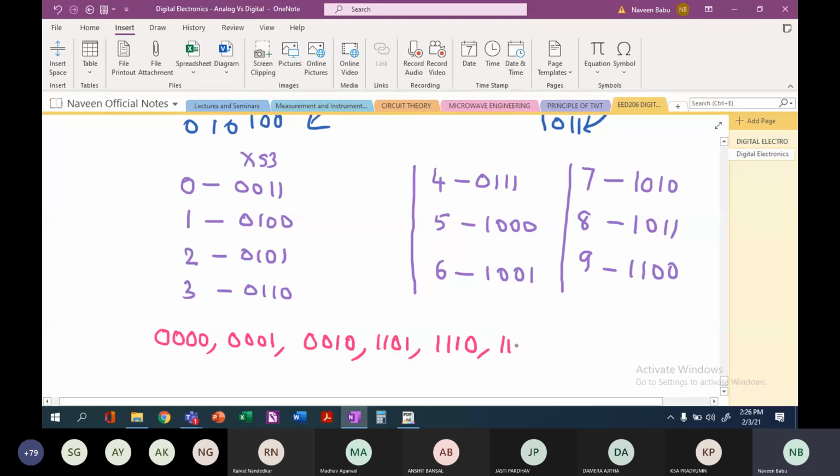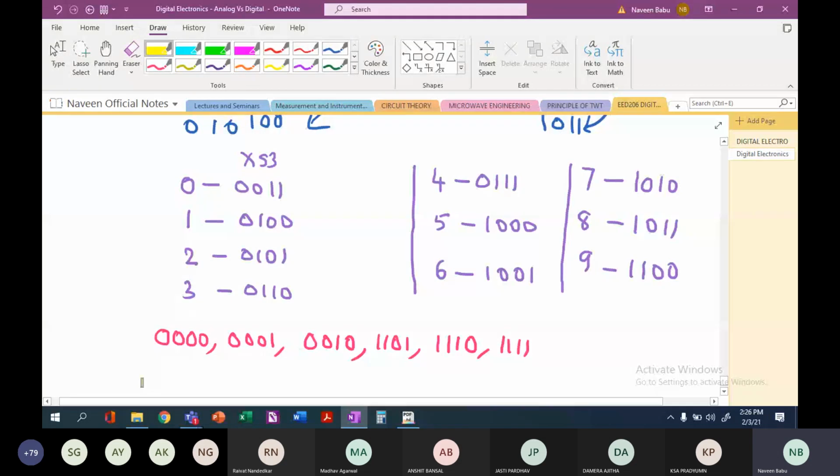All these are invalid codes. There are 6 different codes here, which decimal equivalently correspond to 0, 1, 2 and then 13, 14, 15. These are invalid codes. If you get these particular codes, we will have to follow the same procedure that we have already done.